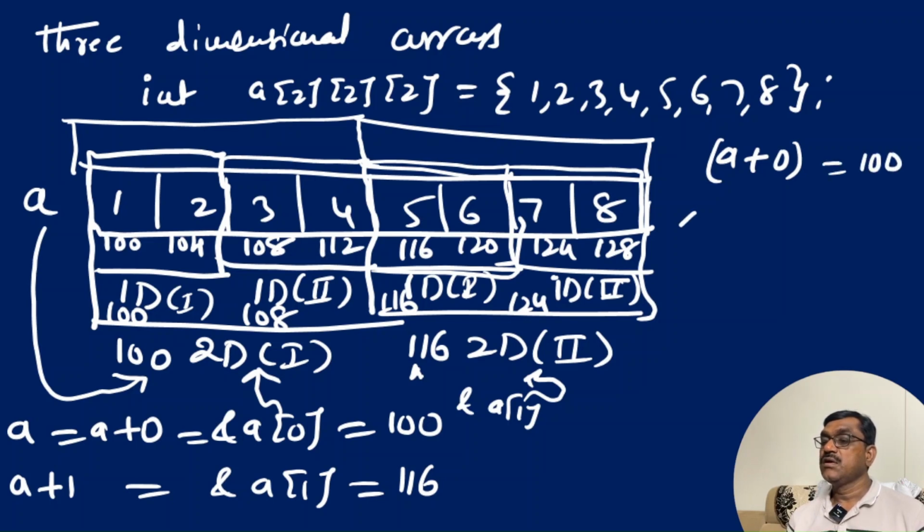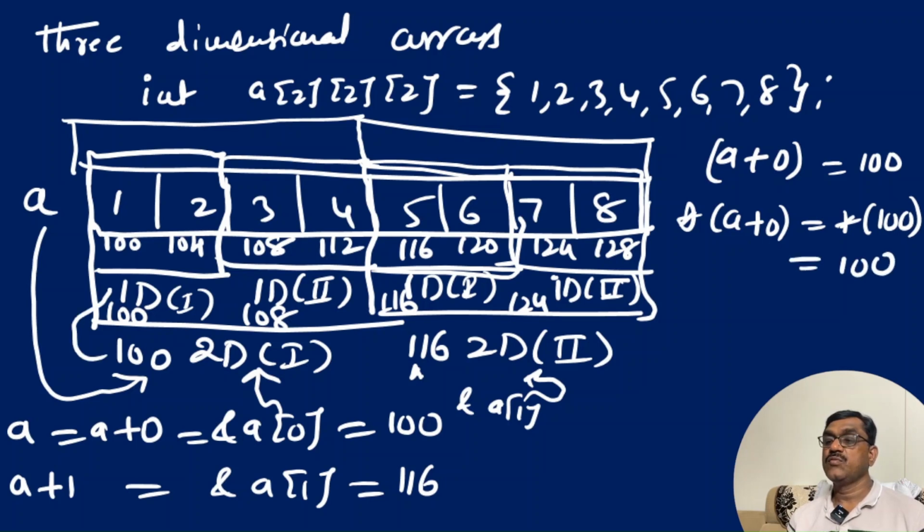100. Now star of A plus 0 means star of 100. Star of 100 is again 100. Means from here we are moving to this. Now we are moving to this location. Again we are getting 100 here. Star of 100 is nothing but 100.